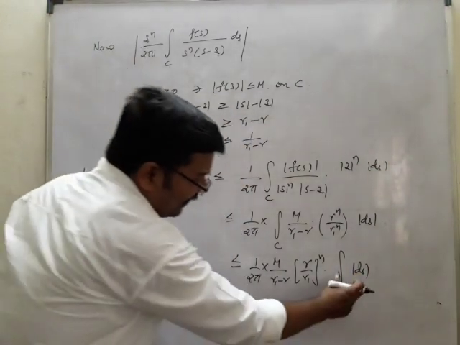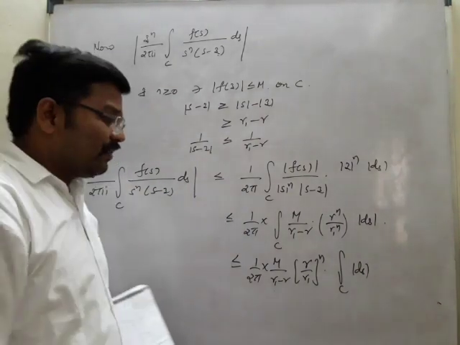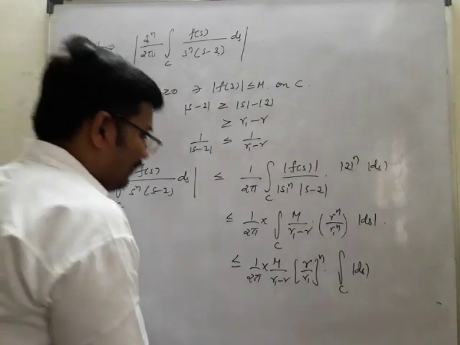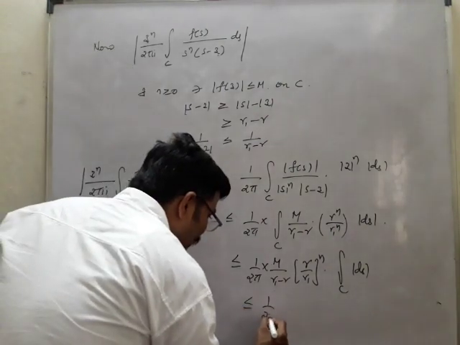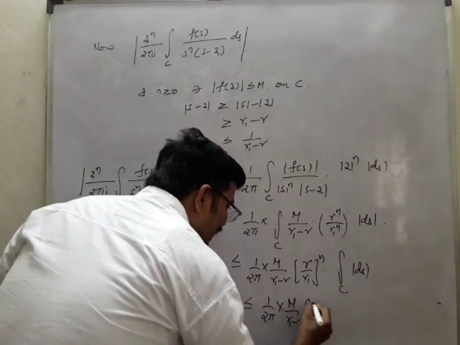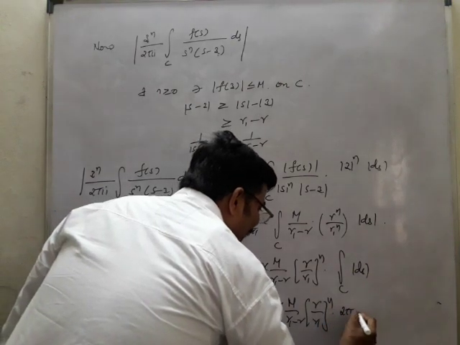Integral c mod ds is again the length of the curve. So the length of the curve is nothing but 2 pi r1. Therefore I may write this as 1 by 2 pi into m by r1 minus r into r by r1 whole power n into 2 pi r1.